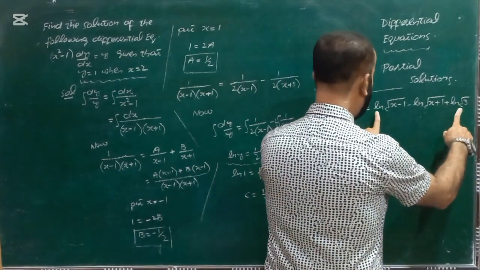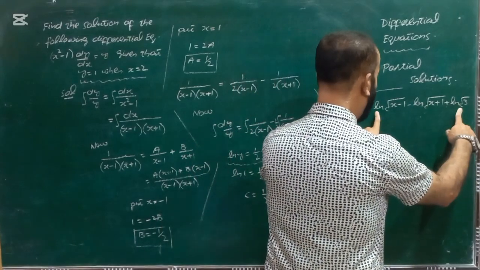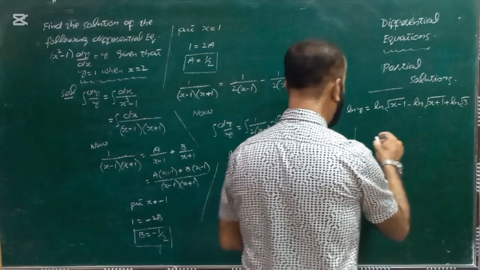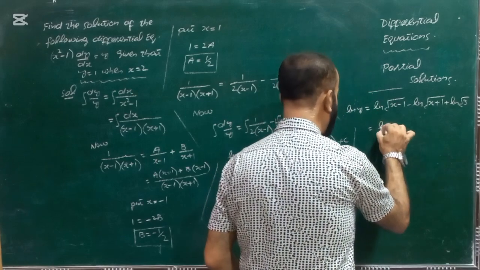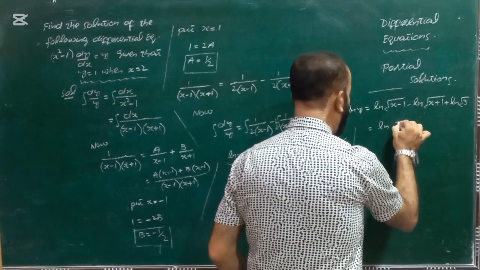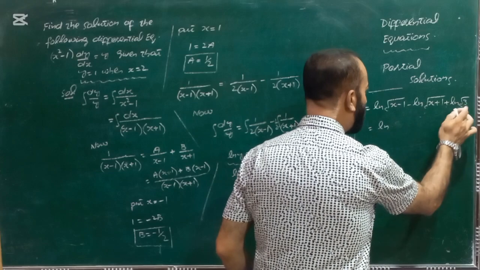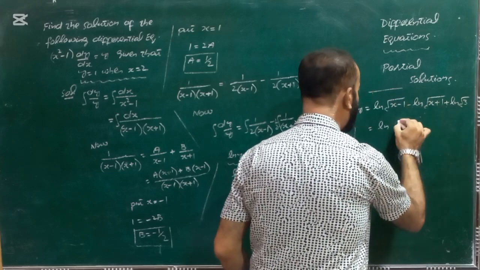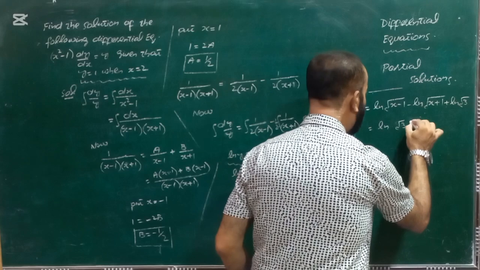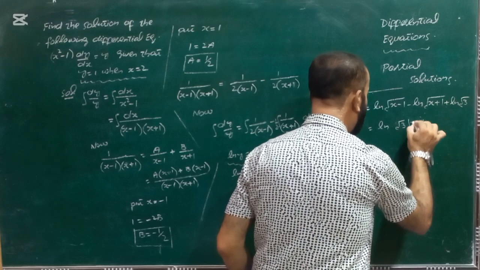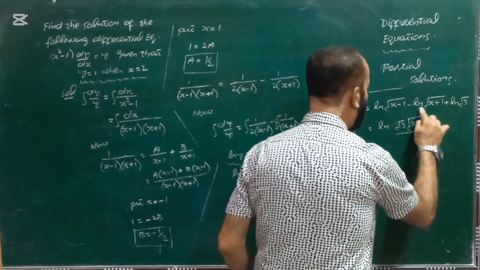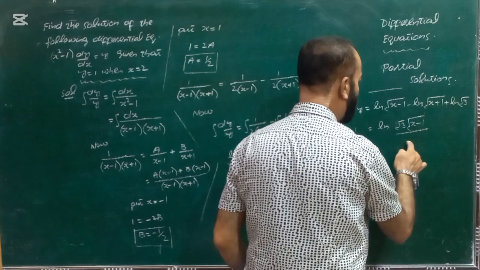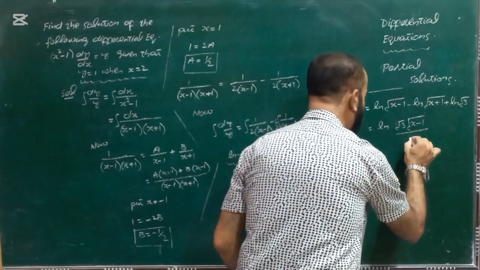Okay, these two logs are adding with each other, and this is subtracting, so the step will be natural log of square root 3. These two values will be multiplied, so square root 3 into x minus 1 square root divided by, and this is subtracting, so that's why it will come into the denominator, x plus 1 square root.